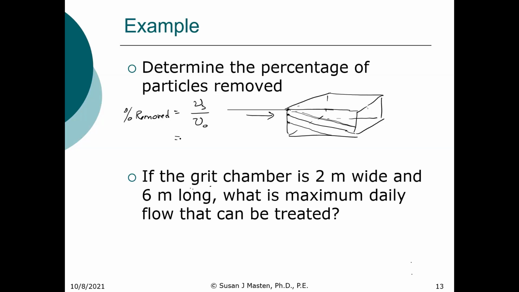We determined the terminal settling velocity of these particles to be 9.23 times 10 to the minus 3 meters per second, and the overflow rate we calculated to be 1.67 times 10 to the minus 2 meters per second. We'll multiply this by 100, and that is 55.4%. So a little more than half of these particles would be removed in the sedimentation basin.